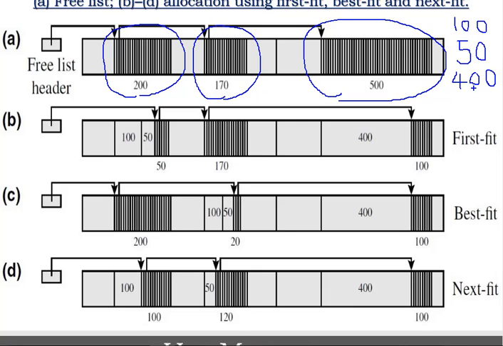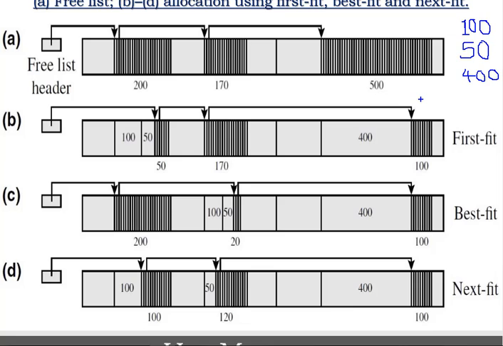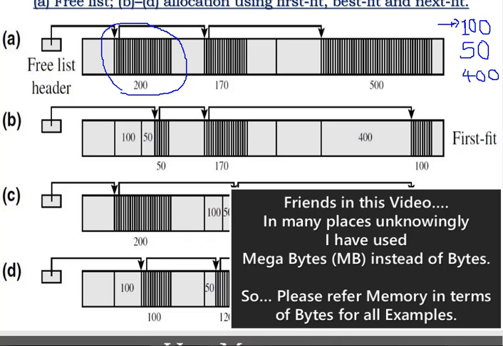Now let's see how the first fit technique is used by the operating system to allocate memory for these three processes. In first fit, the operating system gives higher priority to the first free block. Consider that the first process in the queue requires 100 bytes. The operating system first checks whether 100 bytes can fit into the first block.